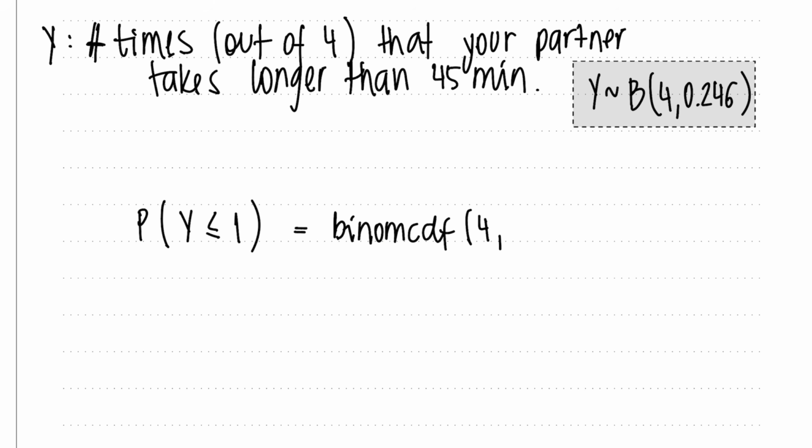The probability of success is 0.2458... And we're going to go from 0 to 1. In this case, we get 0.745 as the answer, meaning there's a 74.5% chance that at most once your partner will take longer than 45 minutes to get ready.